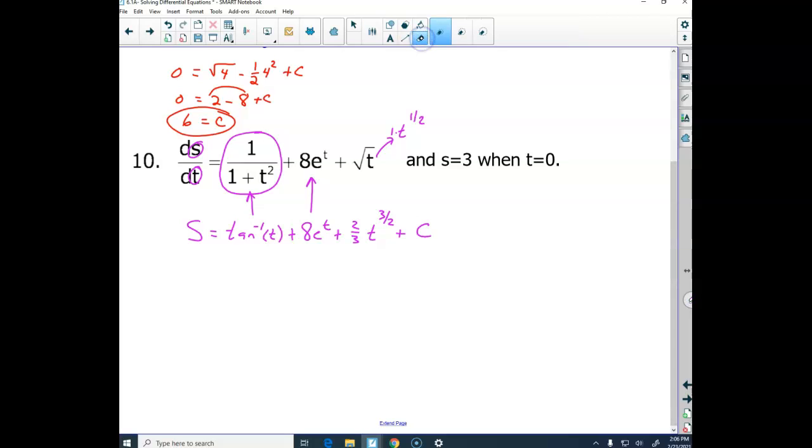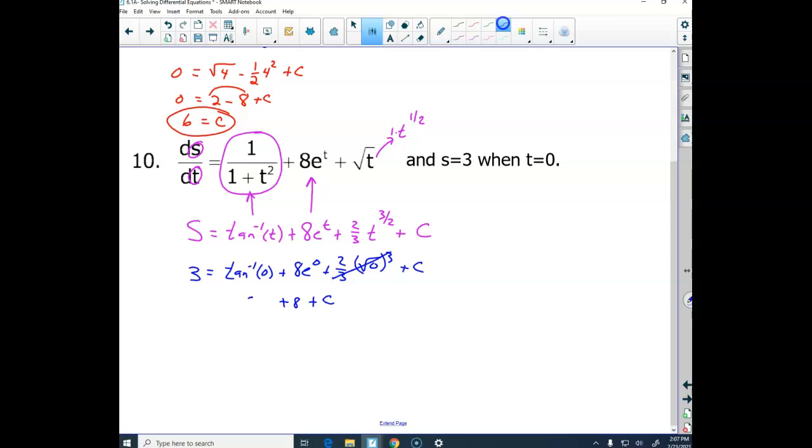Now I'm going to come back and use my initial condition of s is 3. What is the inverse tangent of 0 plus 8e to the 0 plus 2/3 times the square root of 0 cubed plus c? Well, that's gone. That's 8. Where on the unit circle, what theta value gives us 0 for the tangent? That's right, that would be 0 equals 3. So that looks like c has to equal -5 here.